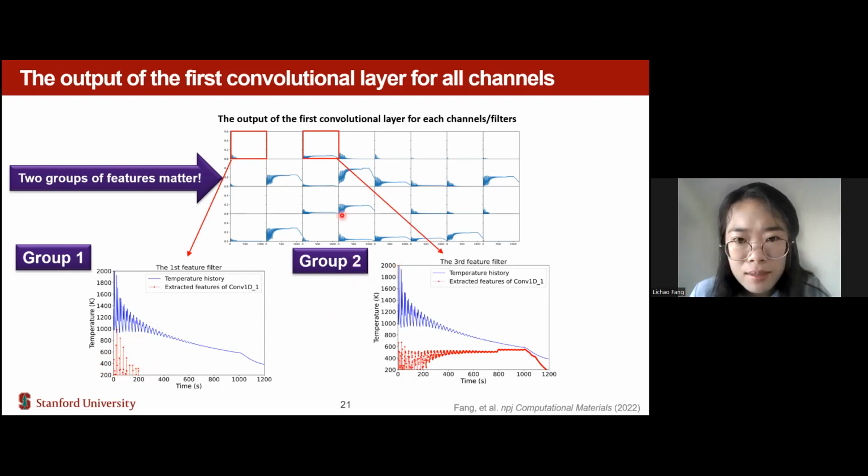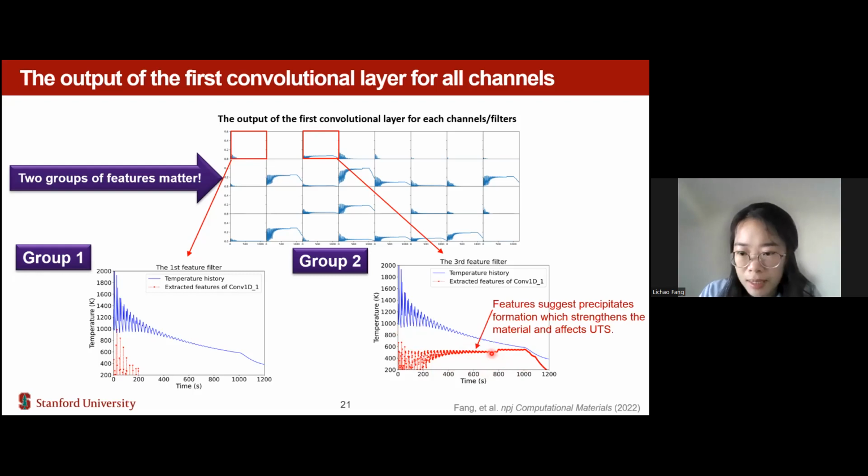Group 2 is another pattern: instead of only having data in the first few thermal cycles, they also have a tail until the end of the cooling period. So we can get a sense that not only the first few thermal cycles of this process matter, but the whole thermal process will affect the mechanical properties.